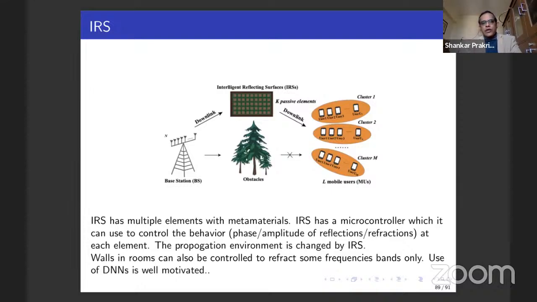That means we are also ensuring that the near user is gaining because of participating. If this near user does not participate, then the far user will have poor performance. But now the near user also is gaining because of this participation. Otherwise, it will not get diversity. It will only get signal from the base station. That is the point. But we have definitely not considered network level aspects.